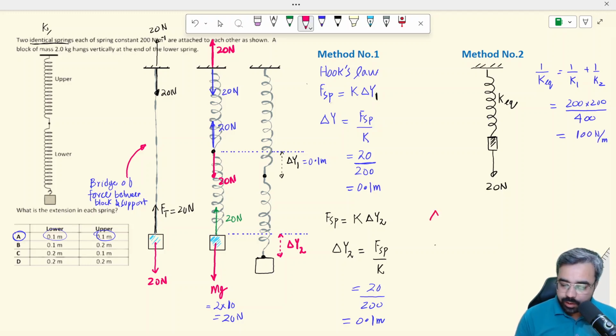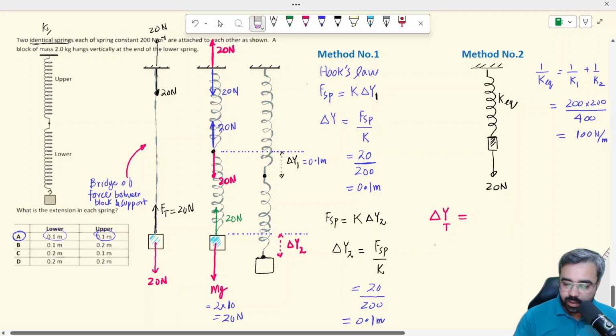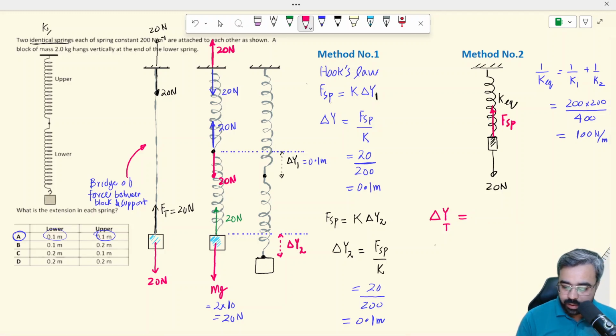So yes, students, finally, what is the delta y value? That is the total extension in both springs, the sum of the two extensions. It will be equal to the spring force, which is obviously, dear students, 20 Newton, over the k value, which is 100.